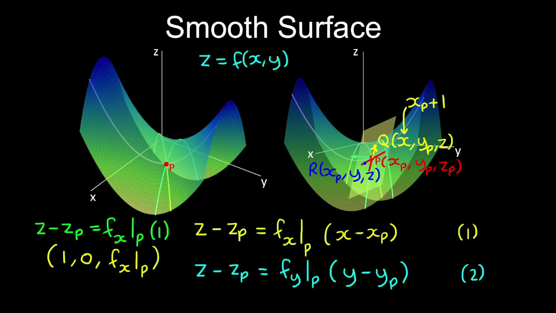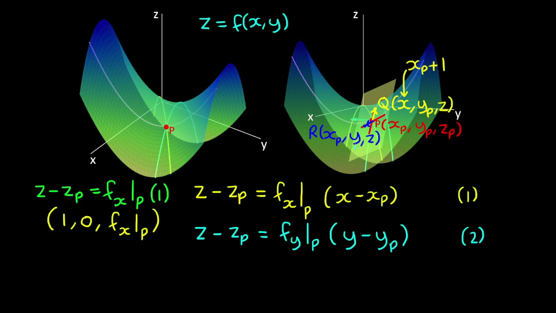And in a similar way, we can get a vector parallel to this tangent line. So we can take y as yp plus 1. So that gives z minus zp is equal to the partial of f with respect to y, evaluated at P, by yp plus 1 minus yp, which is 1.